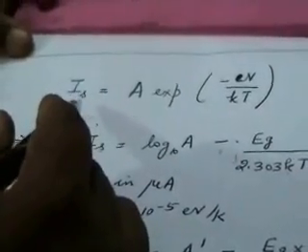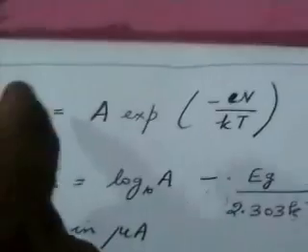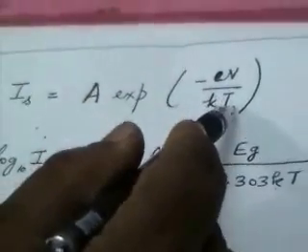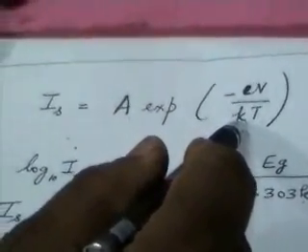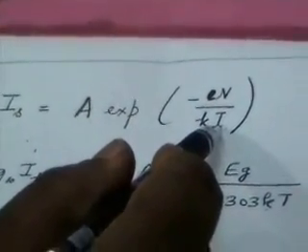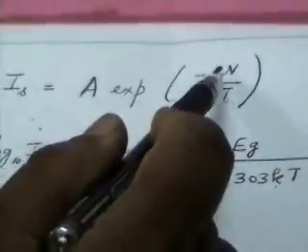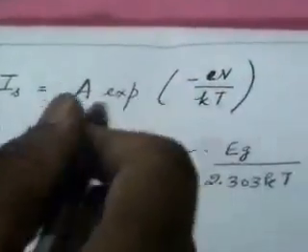The value of saturation current in the case of a reverse bias diode is Is equal to A exponential minus EV by kT, where A is a constant, K is the Boltzmann's constant, and T is absolute temperature at which we maintain the diode, and the V is going to be corresponding to the band gap of the semiconductor.